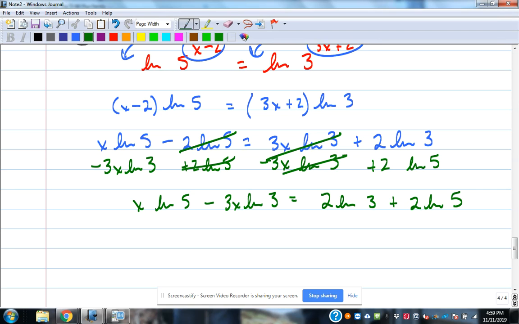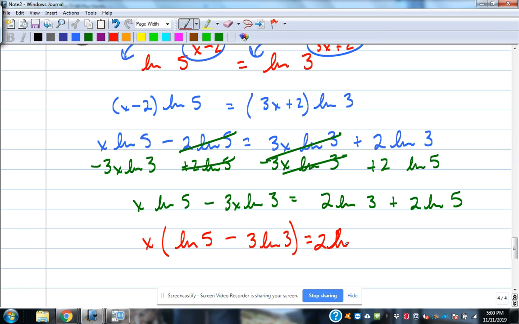But that's just a number. So this is all numbers over here. This is some sort of stuff with x. Both of them have x's though, right? So what can I pull out of both of them? X. So if I pull the x out, that's going to give me natural log of 5 minus 3 natural log of 3.